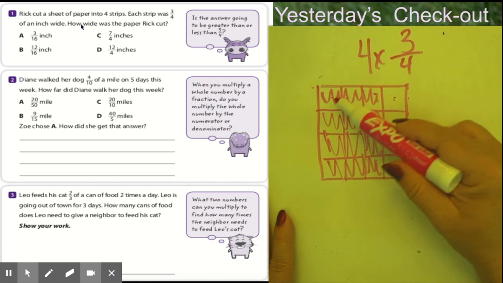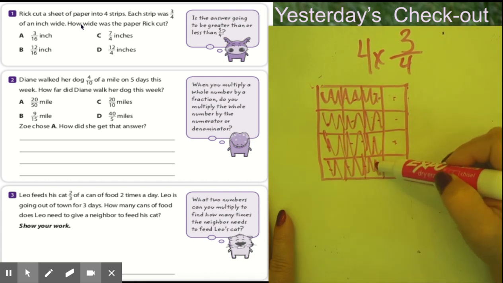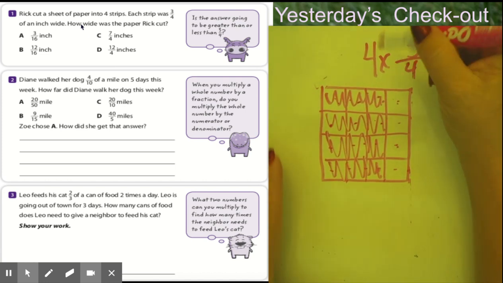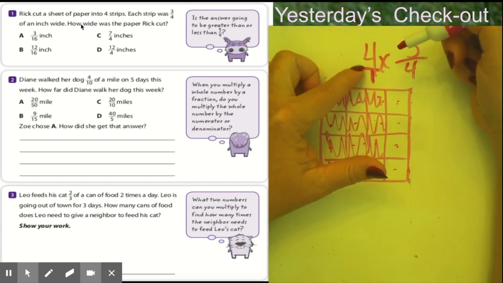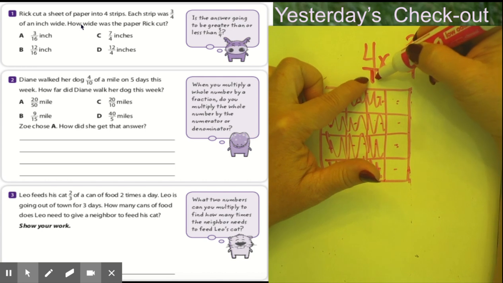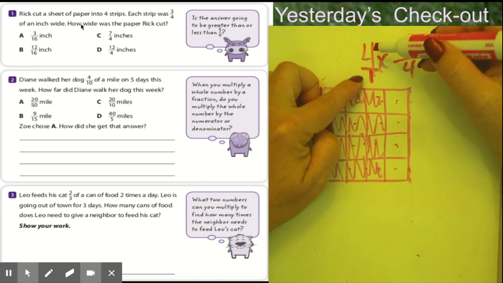So 3, 6, 9, 12. We're basically adding, skip counting. If you were to put this into a fraction form, remember the denominator will be 1, and that just means it's not cut, it's one big piece. And I have 4 of them, so I have 4 wholes.